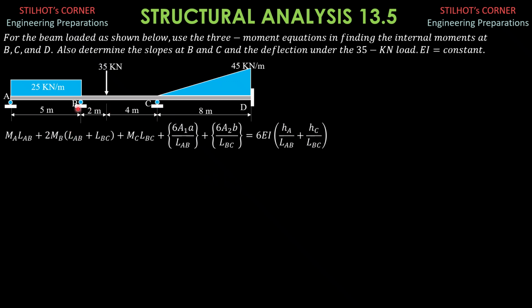So the middle point is B. For BCD, you just replace A by B, B by C, and C by D, and so forth.